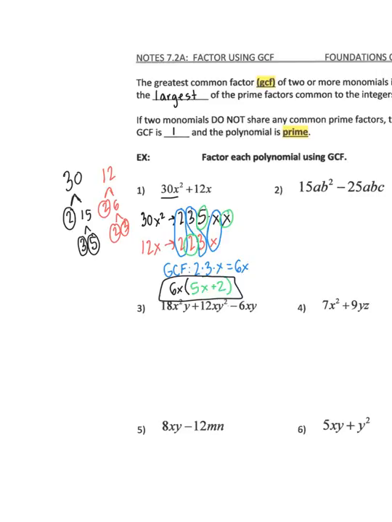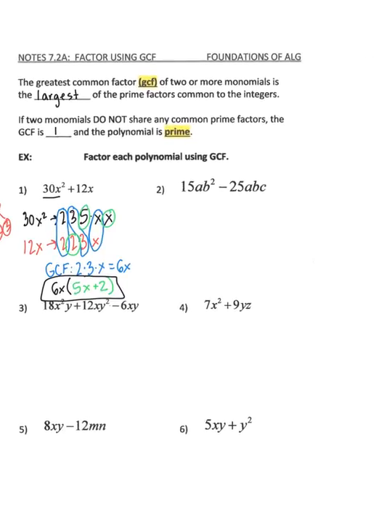Okay, so let's look at number 2. I need to start by writing out all of my factors. So I've got negative 25abc and 15ab squared. For 15, I can multiply 3 and 5, and those are my factors. 3 times 5, I've got 1 a and 2 b's.